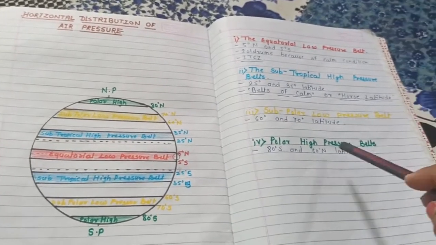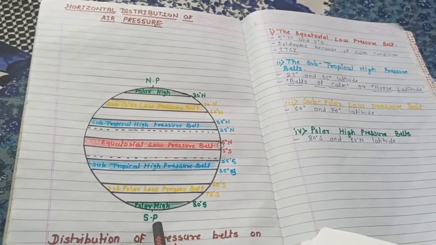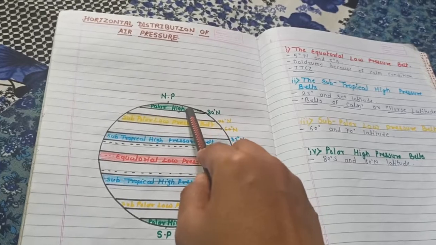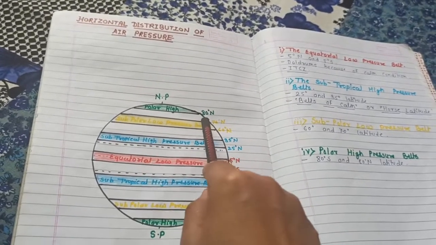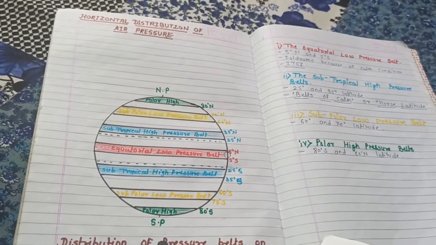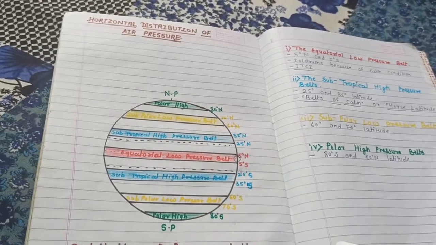And lastly, the polar high pressure belt. The polar high pressure belt exists between 80 degrees latitude to the south and north poles.